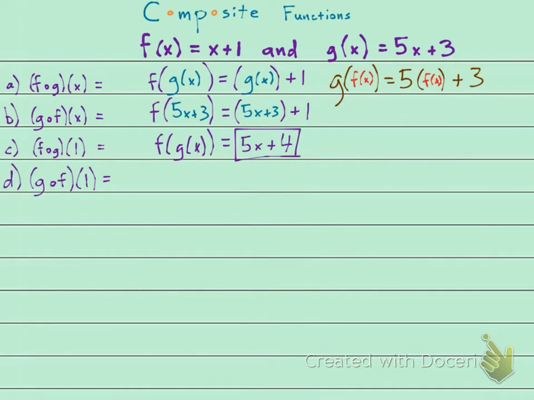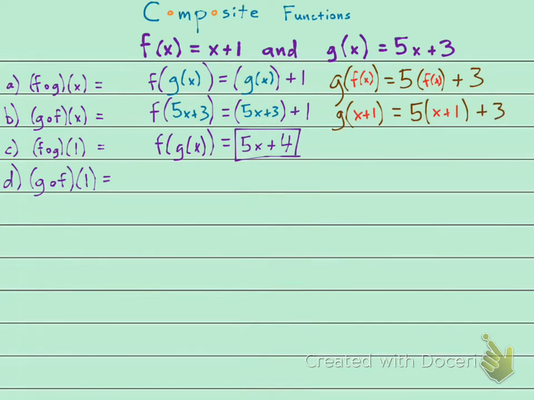Now we know that f of x is x plus 1, and that's what we're going to plug in right here for f of x. So I have the g of x plus 1 equals 5 times x plus 1, plus 3.